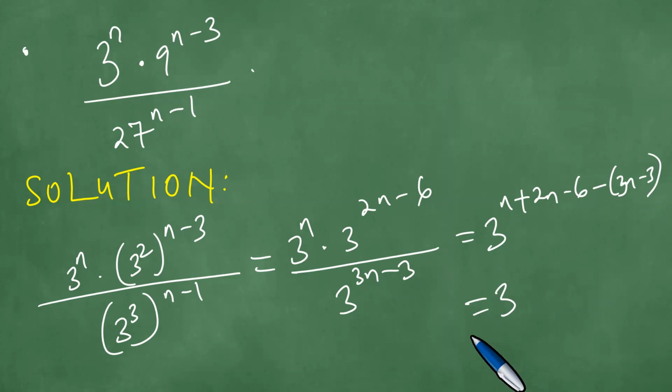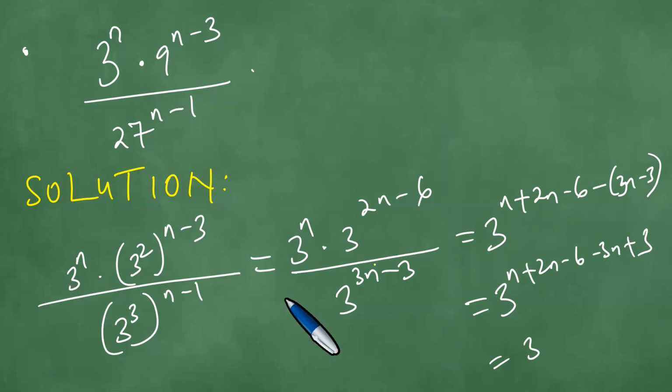What do we get here, Leander? It'll be 3 to the power of n plus 2n minus 6 minus 3n plus 3. Now the n's cancel out, because n plus 2n is 3n, minus 3n, and therefore this is minus 6 plus 3, which is minus 3.